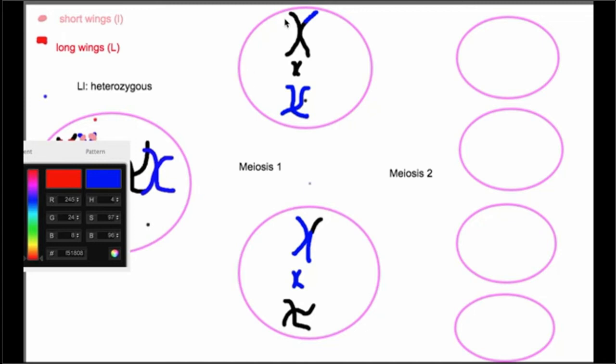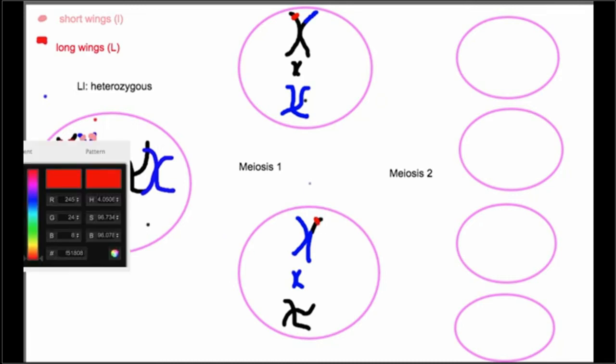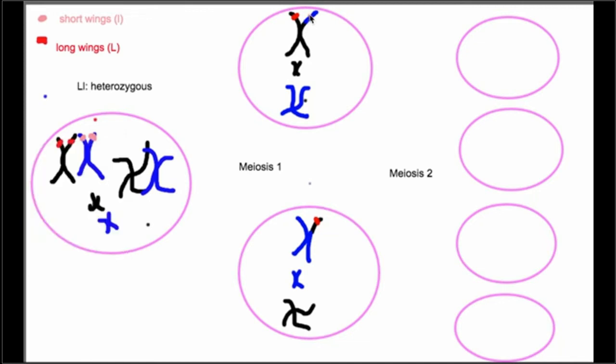Okay, so the black maternal is carrying that dominant allele for long wings, and blue is carrying the paternal chromosomes carrying the recessive allele. All right, and then meiosis 2, let's split those up.